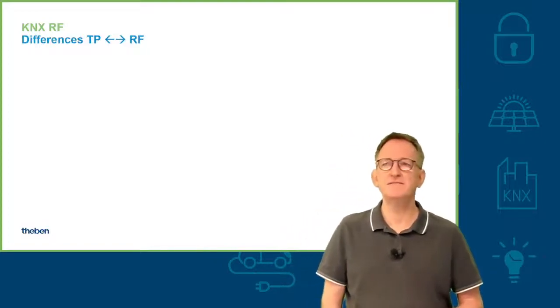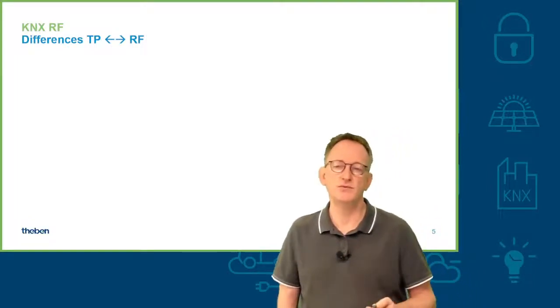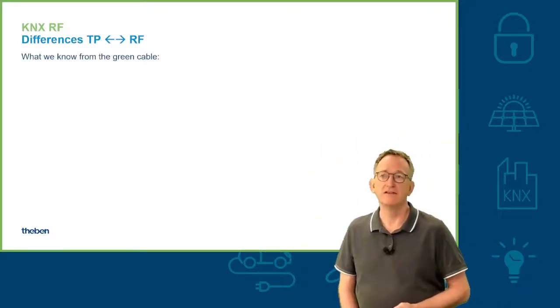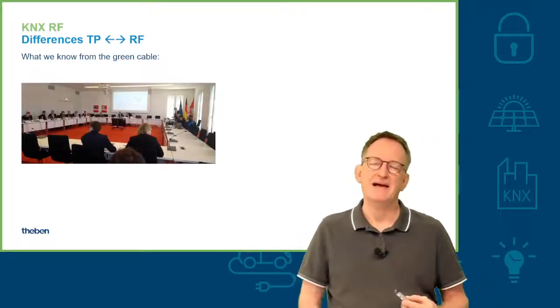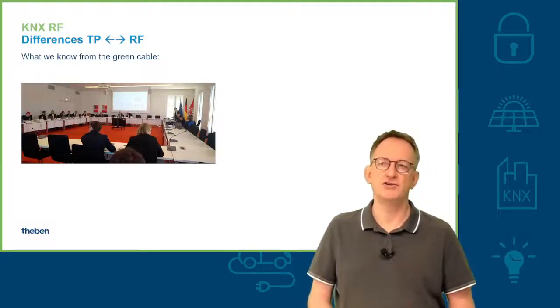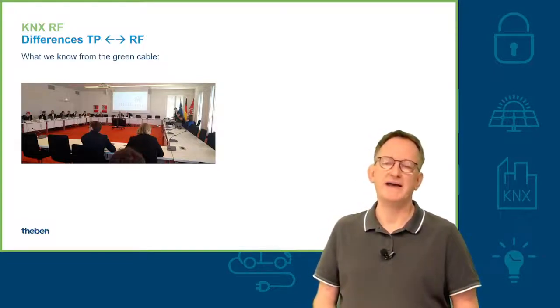So what is the difference between twisted pair, TP, and RF? Twisted pair is based on the green cable, and I would like to give you a short example to better understand the advantage of the wired communication.